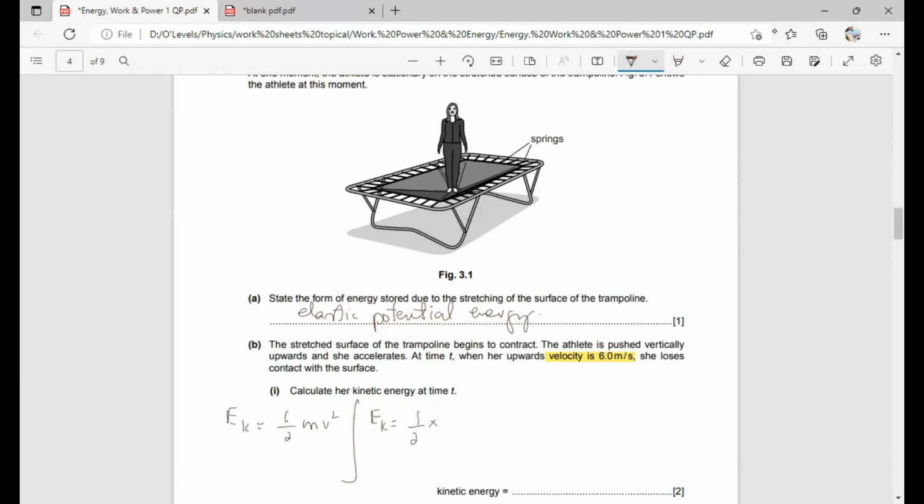Yes, you just have to write the formula. The formula is for the 1 mark. So the answer will be 1152.